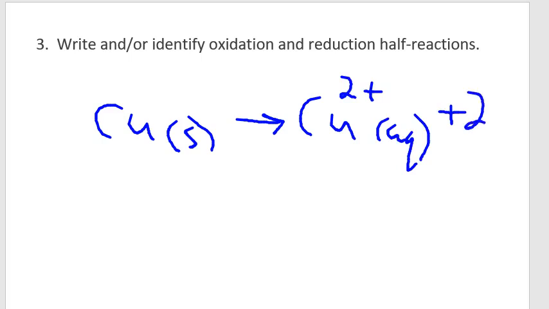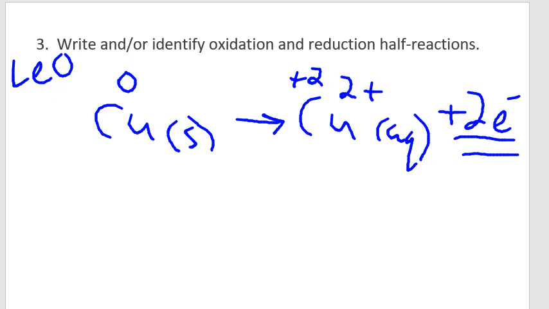Now, you see 2 electrons on the right-hand side as a product. You have copper atoms going from 0 to +2, losing 2 electrons. Remember Leo the lion? I'm sure your teacher told you this. LEO: loss of electrons is oxidation. So my copper atoms here are undergoing oxidation, and this would be an oxidation half reaction.